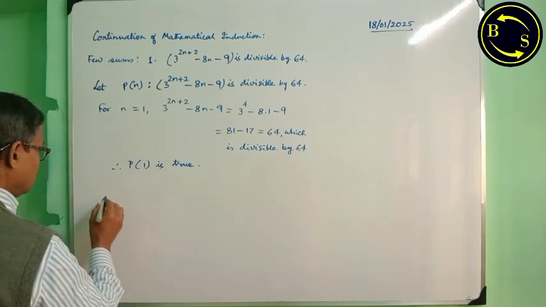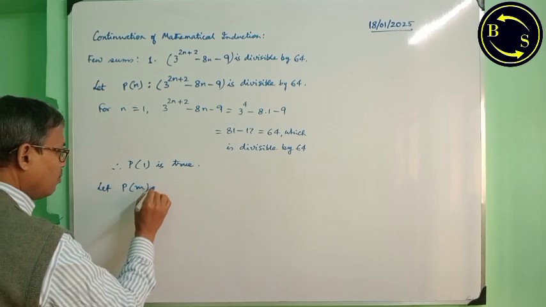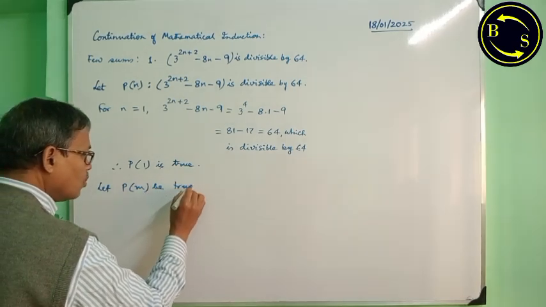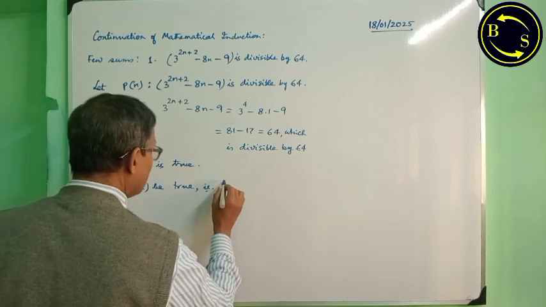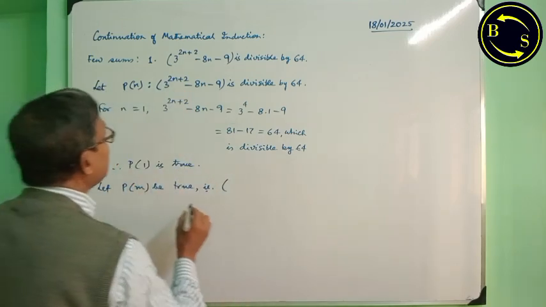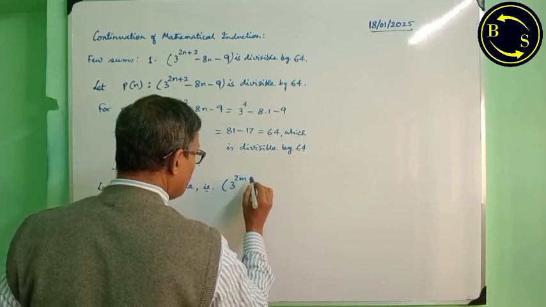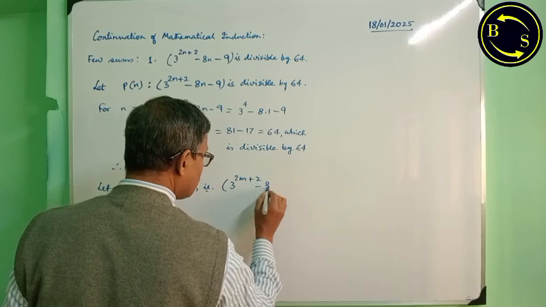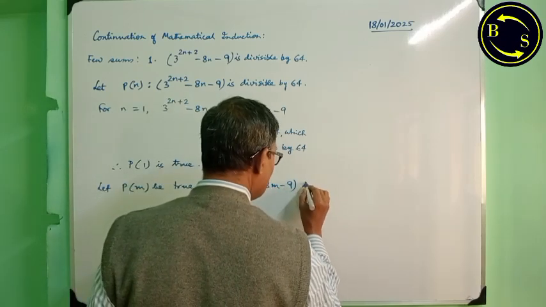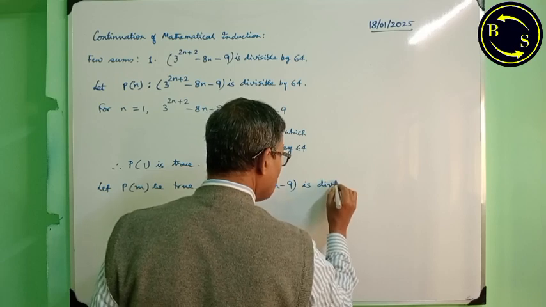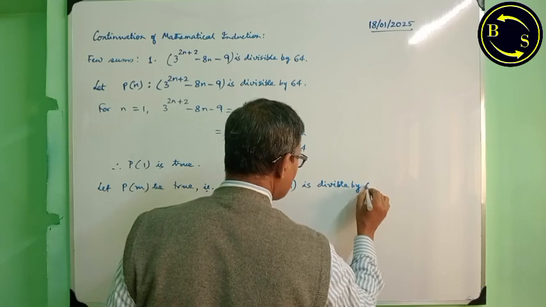Now, let Pn be true. That is, just we replace n by m. 3 to the power 2m plus 2 minus 8m minus 9 is divisible by 64.